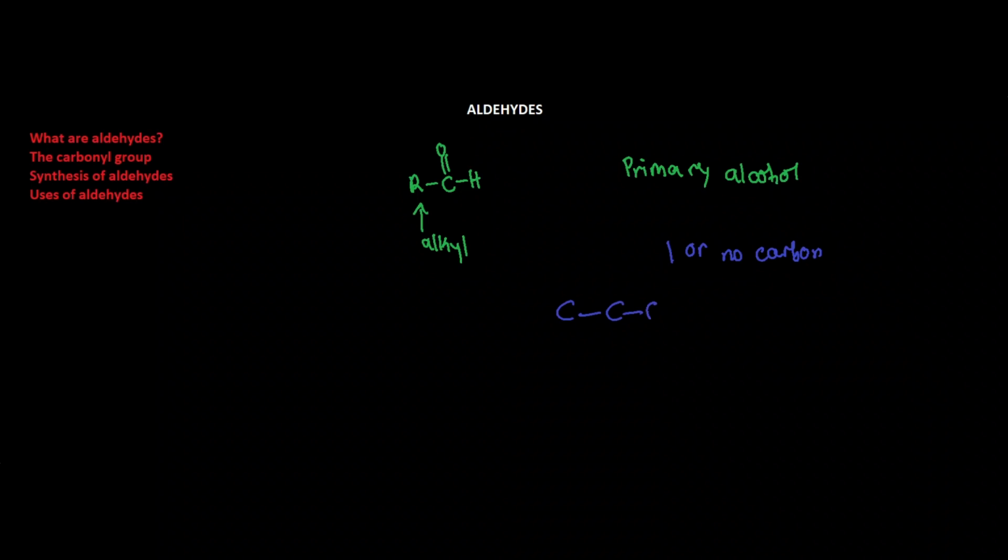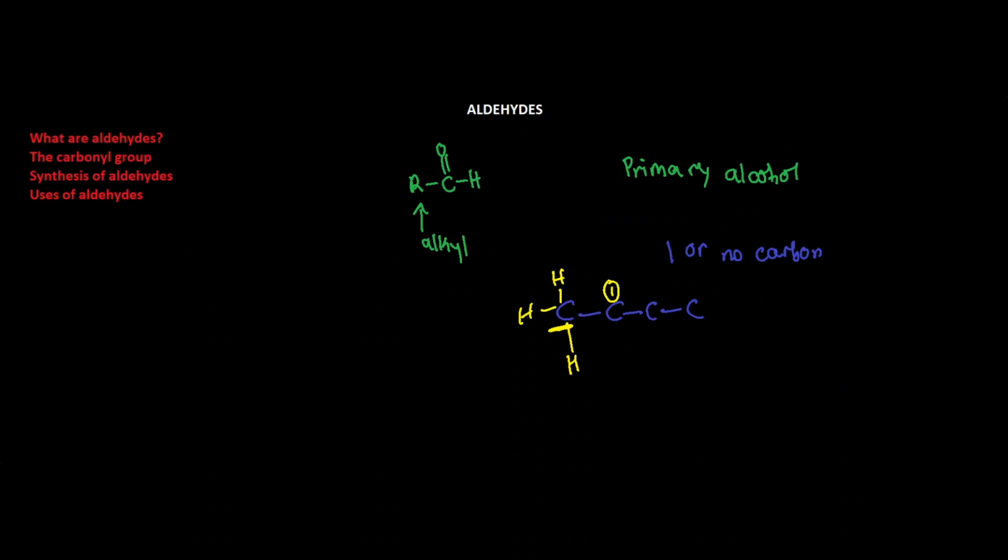So if we have a carbon chain that looks like this, a terminal carbon atom such as this one, which is bonded to one other carbon atom, is said to be a primary carbon. So this is bonded to hydrogen, hydrogen, hydrogen, and it's bonded to just one carbon atom.